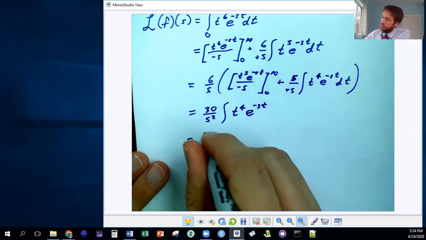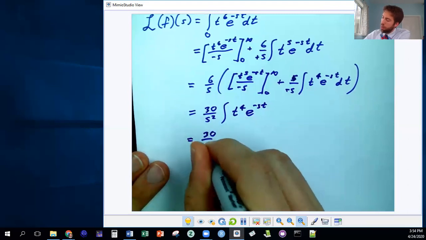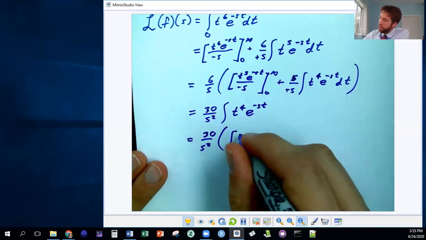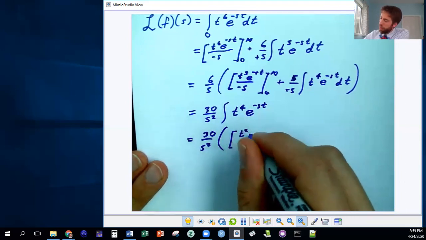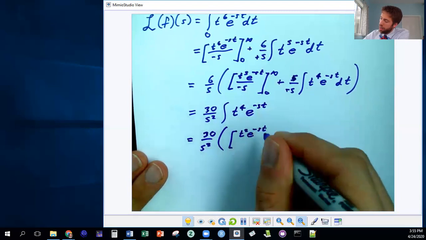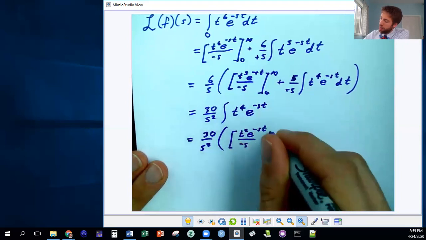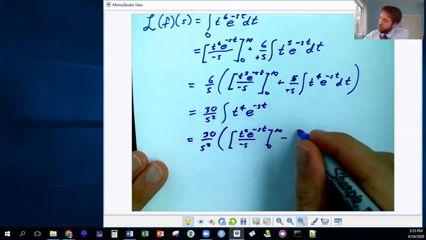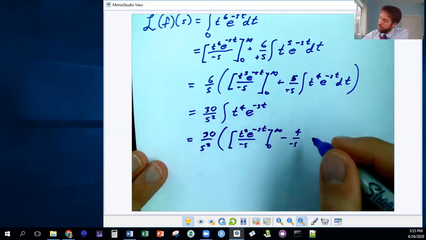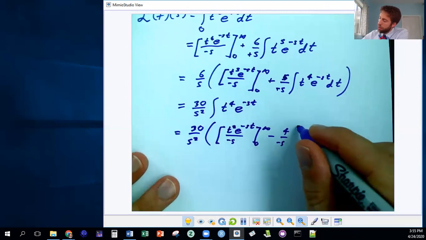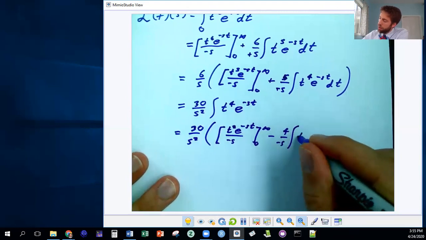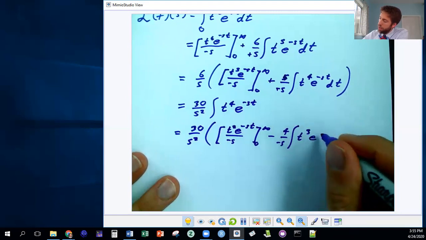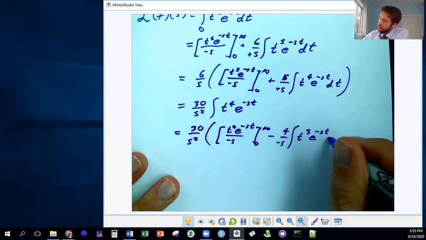So that's equal to 30 over s squared times, hopefully you're getting the pattern now, t squared e to the negative st all over negative s from 0 to infinity minus 4 over negative s times integral t cubed e to the negative st dt.